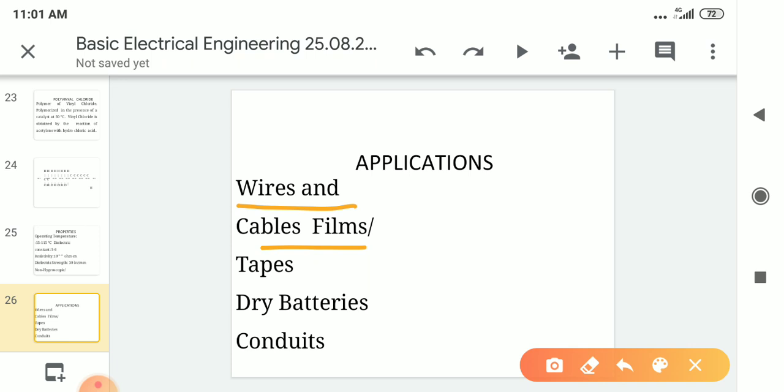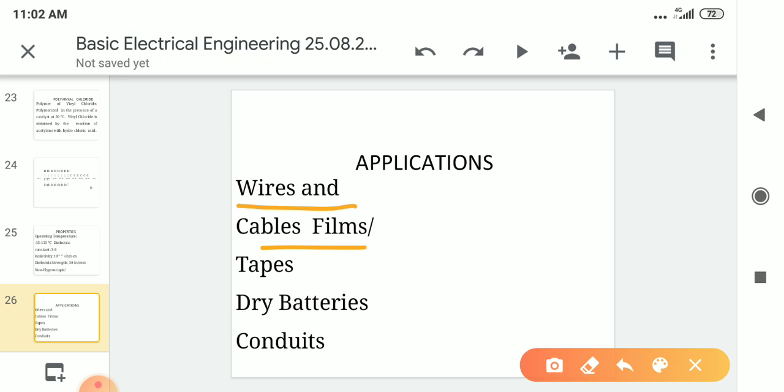You observe that PVC pipes and joints are there; in your lab also we use these PVC pipes. Inside those PVC pipes the electrical wiring is made. So the white ceiling roses, all the materials related to electrical wiring are mostly PVC.